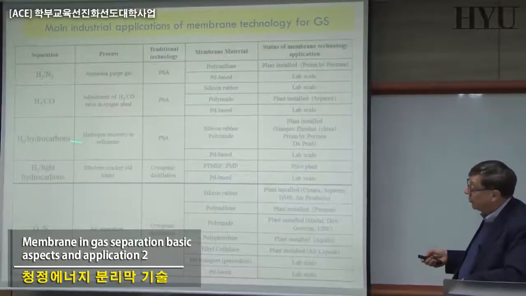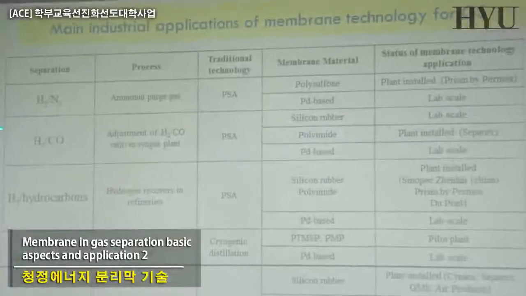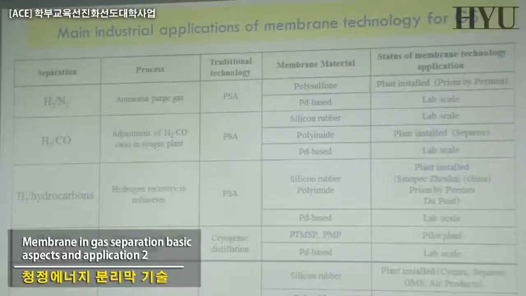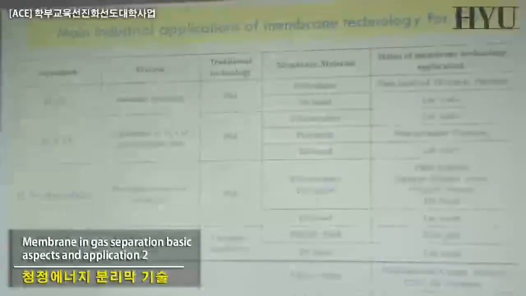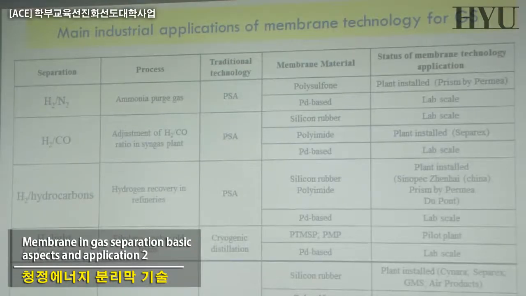Hydrogen and hydrocarbons, in a lot of refineries: there were 5,000 plants predicted. Only 200 have been installed. And the reason is that the people who started to install big plants, I was involved in a couple of those, in Venezuela and in some place in Italy, the plants after 6 months were not running correctly. And the reason was concentration polarization and fouling, because there was something in the feed coming from the refinery.